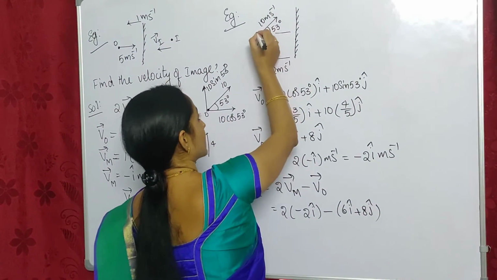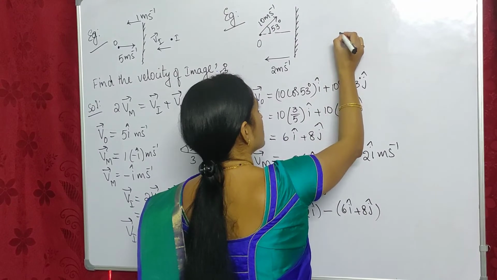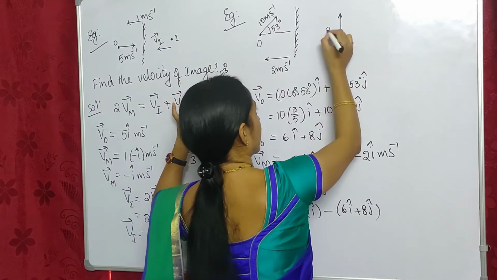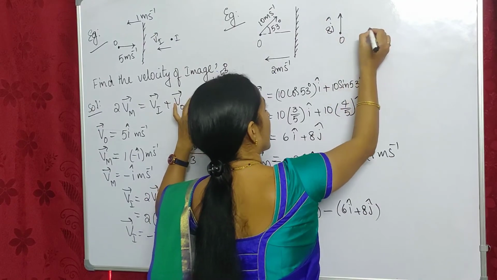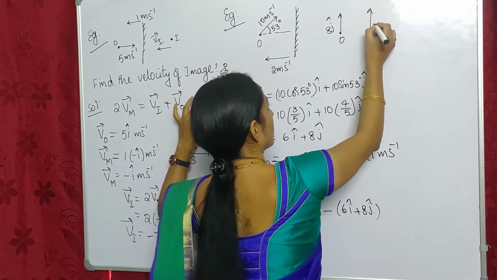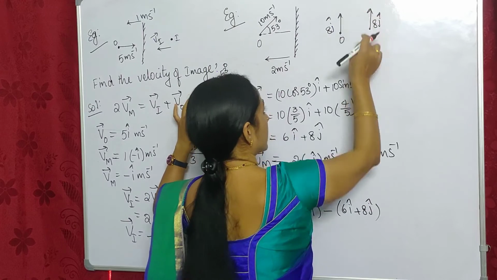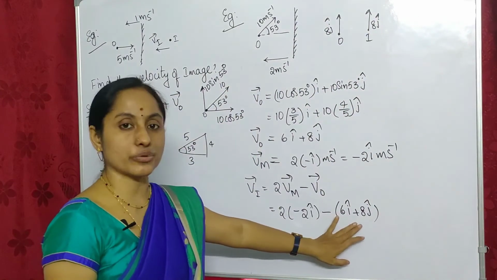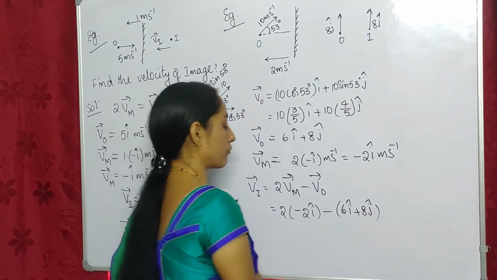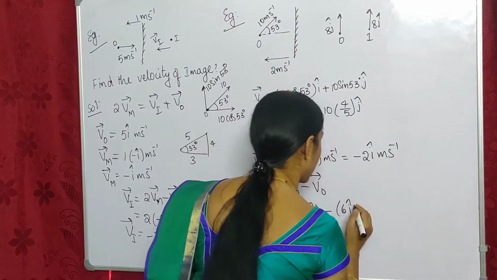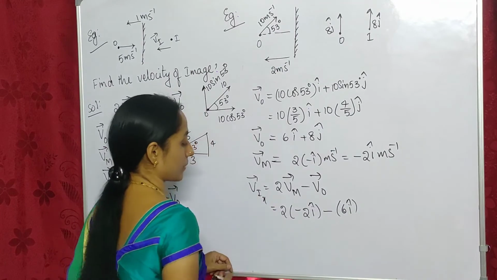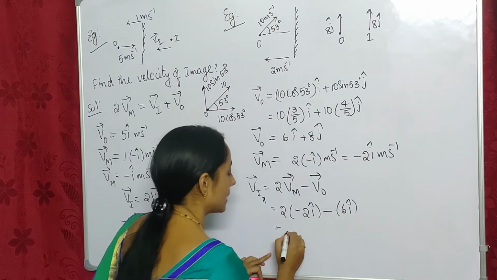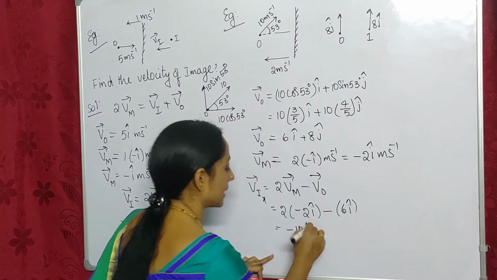If the object has a velocity in the perpendicular direction, 8 j cap, then the image also moves with 8 j cap velocity along the positive y direction. So there is no need to write this first of all. I am writing only x components here. So minus 4 minus 6, it is minus 10 i cap.